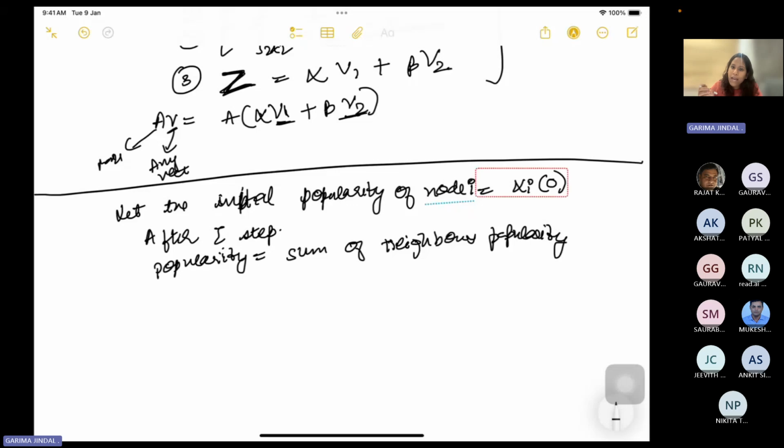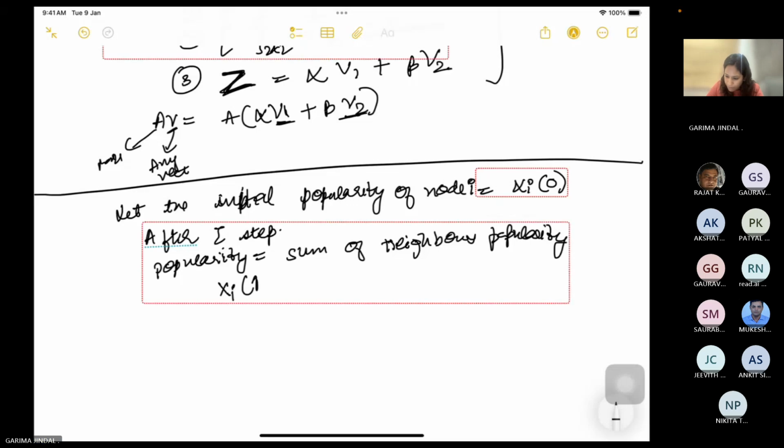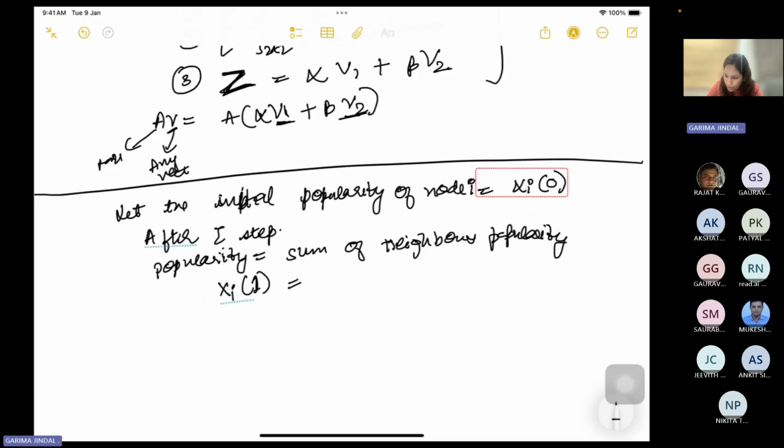So the popularity of the node will be the sum of the neighbors' popularity. This calculation we have already done before. Now if I want to represent it in the form of matrices, how can I represent it? The popularity of node xi at the first iteration is equal to the sum of Aij, where A is my adjacency matrix, over all j values, times xj0.